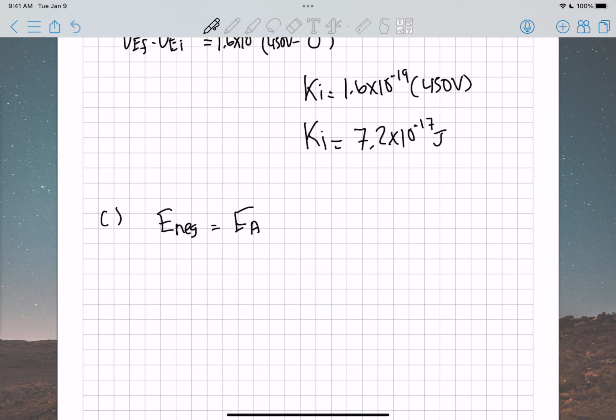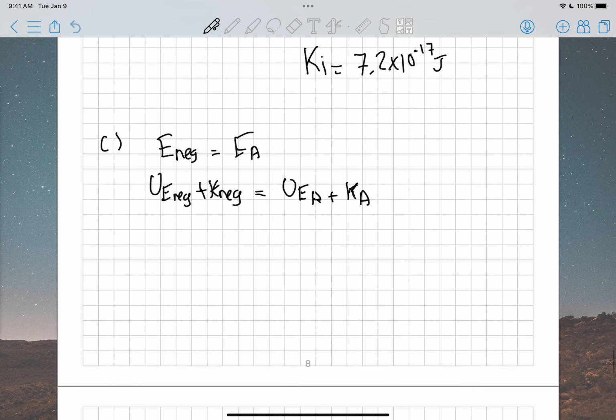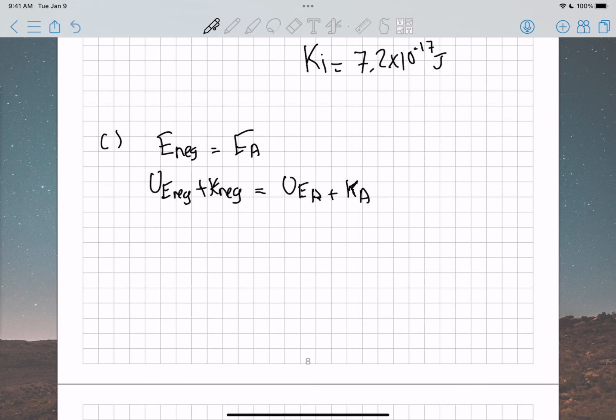Energy at the negative plate is equal to the energy at point A. That's going to be a sum of UE at the negative plate plus kinetic energy at the negative plate is equal to the potential energy at A plus some kinetic energy at A. That's the kinetic energy that we want to figure out.